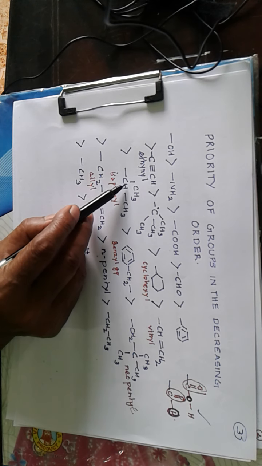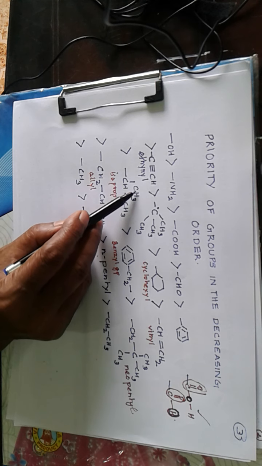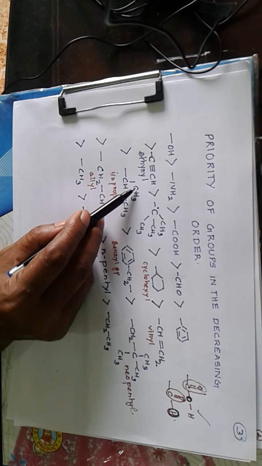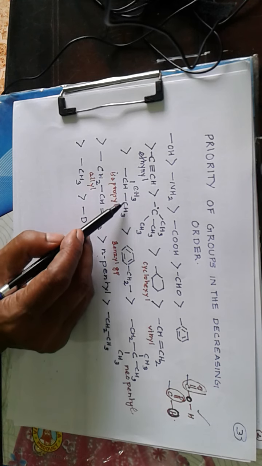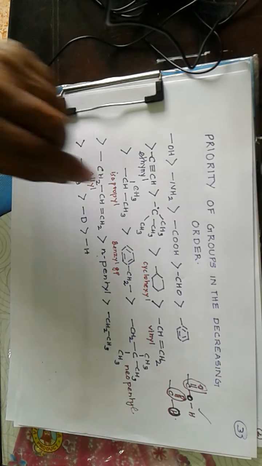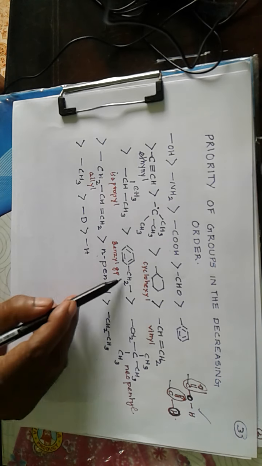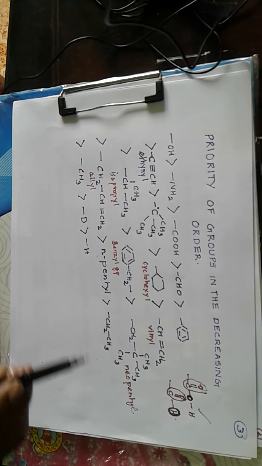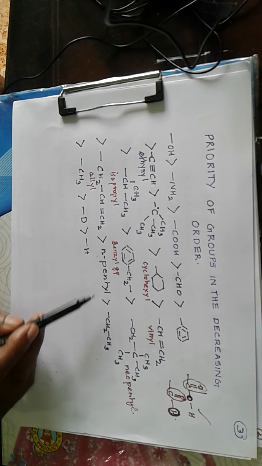Here this group is common for these methyl groups, so the second atom is carbon in both cases and the third atom is hydrogen, whereas in duplication of the vinyl group the third atom comes to be a carbon. So the vinyl group has higher priority over the isopropyl group. Then benzyl, neopentyl group, allyl group, n-pentyl, ethyl, methyl, deuterium and hydrogen. So it's better you study this order by heart.